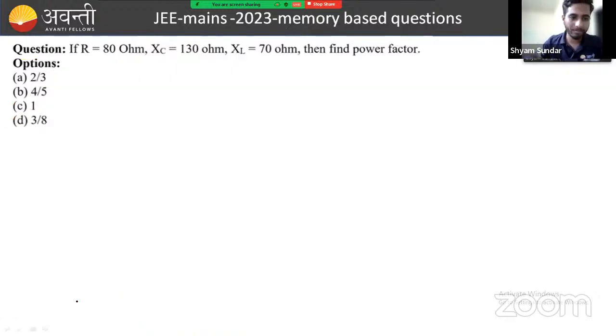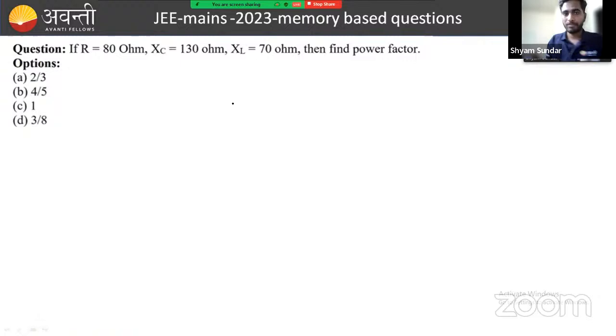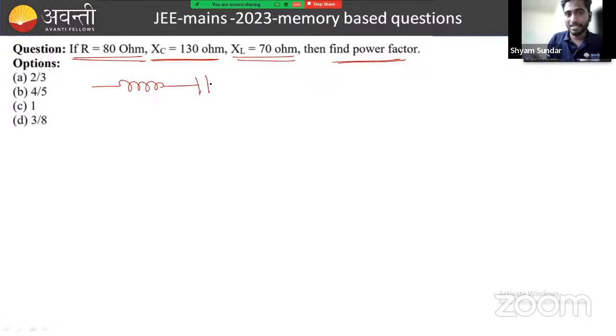Okay, this is a question from AC current. Simple question. If R is equal to 80 ohm, XC is equal to 130 ohm, XL is equal to 70 ohm, find the power factor. Simple. Here they are giving an LCR circuit, means inductor, capacitor, resistor.